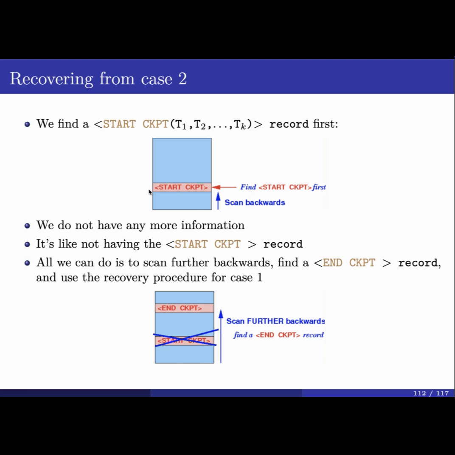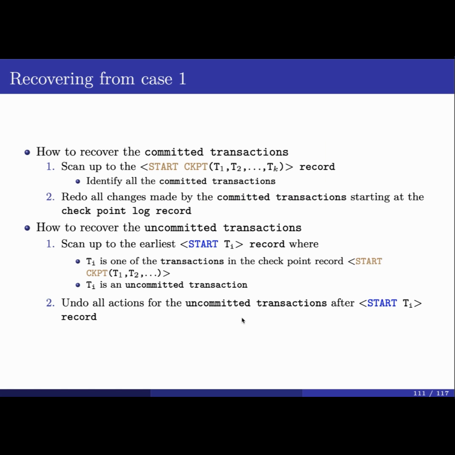The system crashed, so we don't have any more information. In other words, it looks like we didn't have such a checkpoint. So we need to do recovery similar to case one. Keep scanning until we find the end checkpoint that belongs to the previous successful start checkpoint. Then after that, do the same thing that we did in case one.